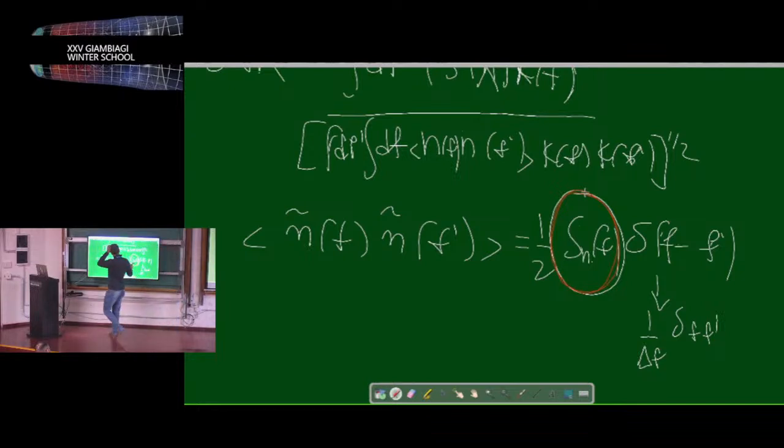So when we plug this back in here, we get the integral over df, integral over df prime, 1/2, let me not forget. Okay, let's go to another page.